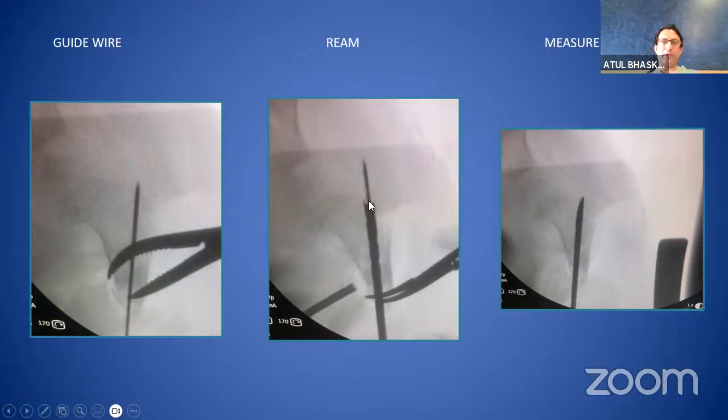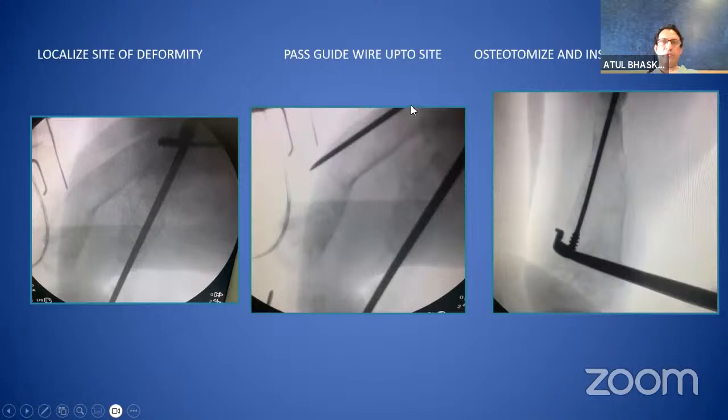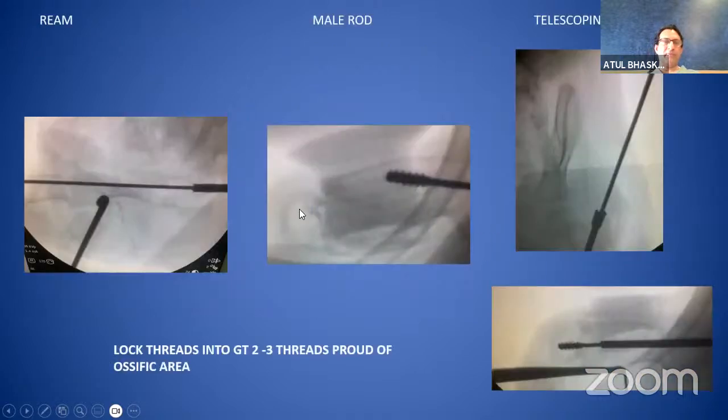Try and engage the trochanter. Should not be too lateral as well. And then you can penetrate with a rush nail to make the track for the male rod to be inserted. And then you slowly start inserting a male rod, and wherever the rod stops, according to your planning, you can make percutaneous osteotomies there, and then advance the male rod down into the epiphysis.